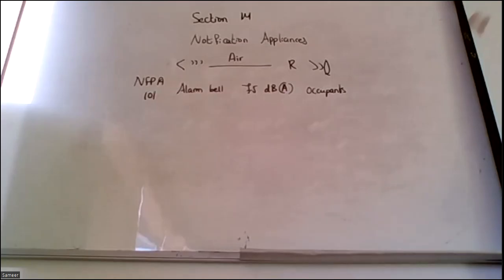B weighting scale means that the noise level starts from a very low level and then reaches a very high peak, slowly and gradually with time. For example, if you're standing near a jet plane, at the start you will not hear any sound, but once the engine starts running, it goes slowly to a very high peak level where your human ears cannot bear it. So that is B scaling.